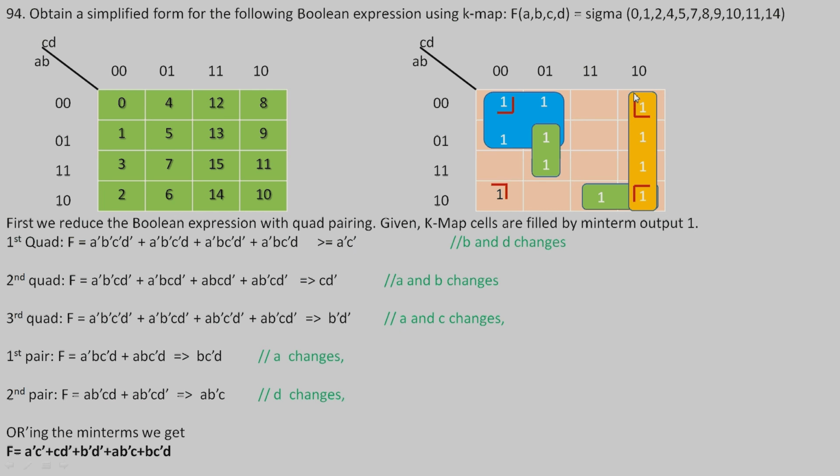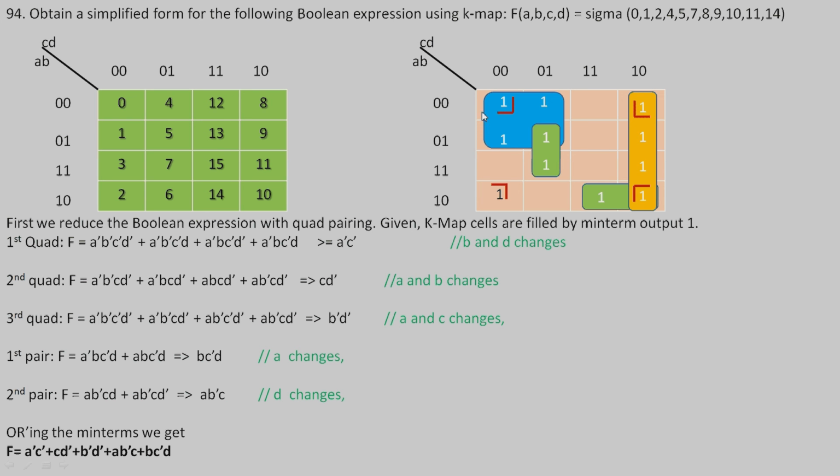In the second quad, you can see that C and D complement remain the same for all four cells, but A and B change from 0 to 1, 0 to 1. So A and B get eliminated, and the remaining is C, D complement. Okay, and then the third quad, that is the isolated one.